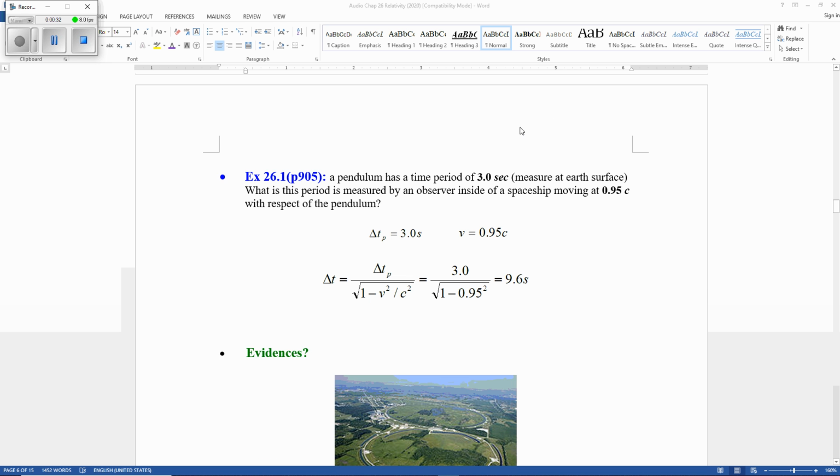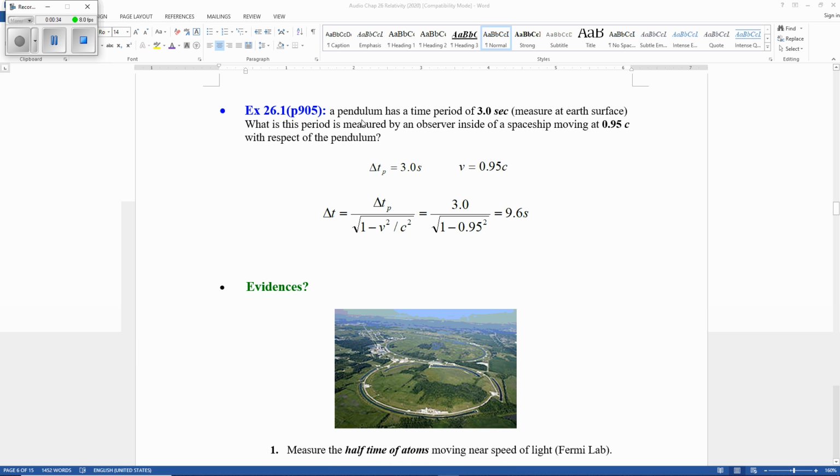To look at this example, we have a pendulum going back and forth with a time period equal to 3 seconds. Start from here, go that way, and come back. Now at the same location, right?